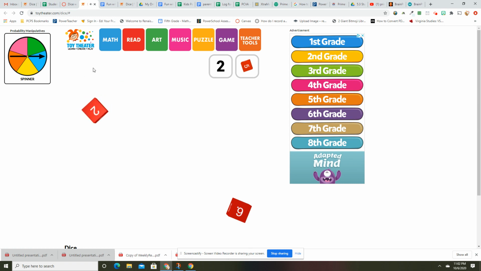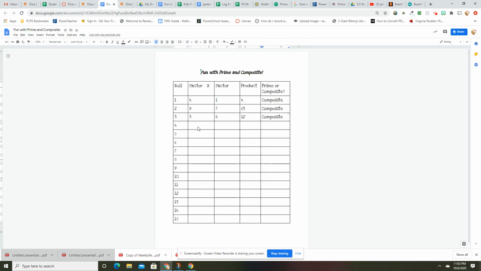Let's just pretend that it landed on a 1. So let's say this is a 1 and that's a 5. All right, so 1 times 5 is 5, and that is a prime number.